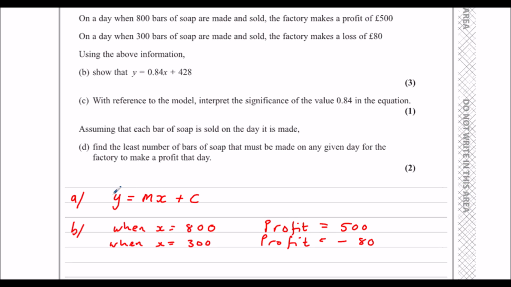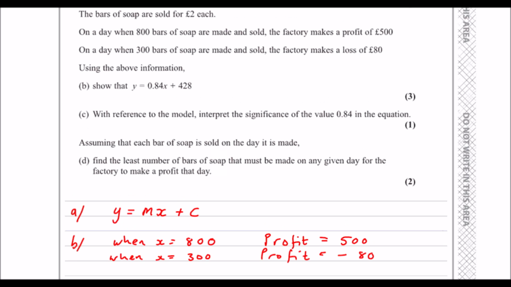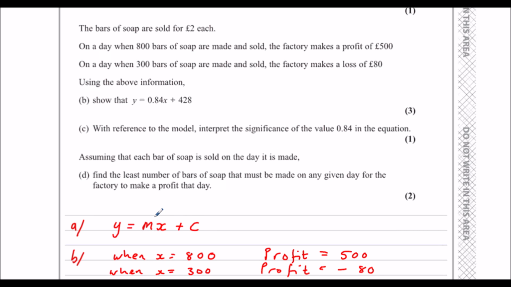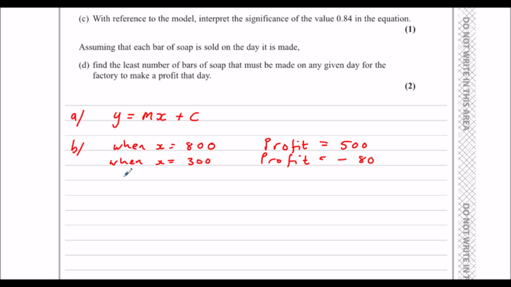So the profit is how much they make from selling them. So £2 each, 800 bars, that's £1,600. They get £1,600 in, and to make it, it costs this: M times 800, or 800M, plus C. And that is 500.